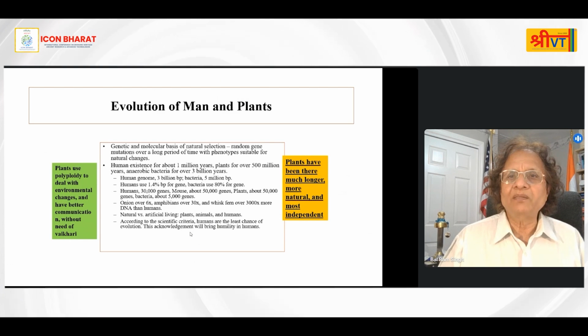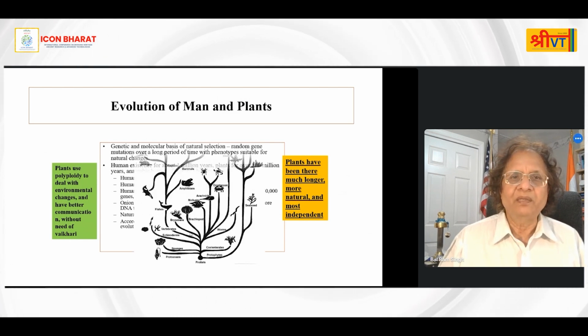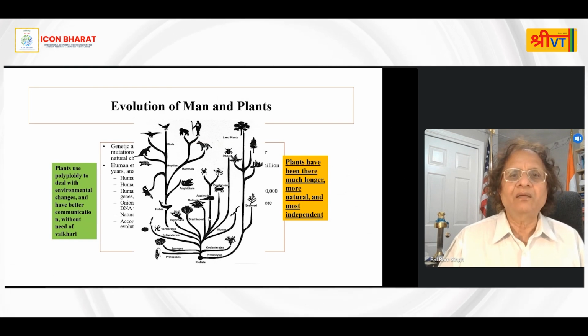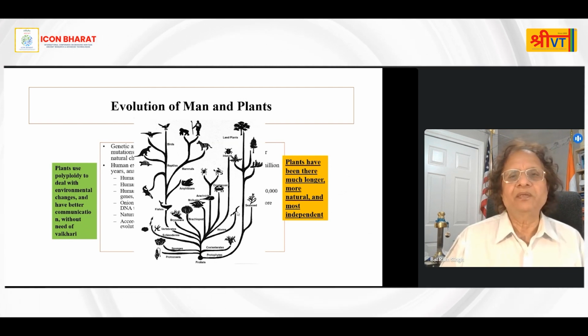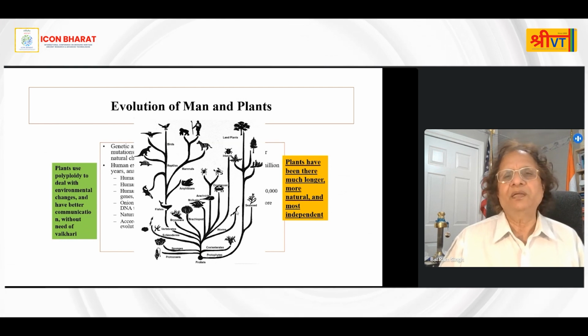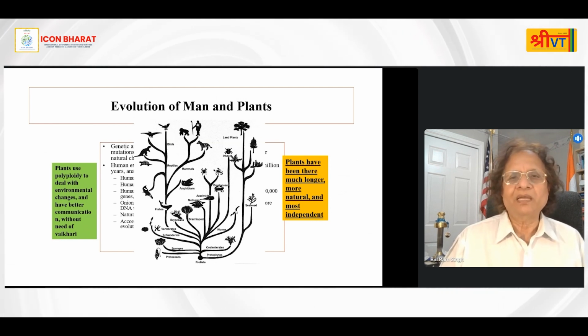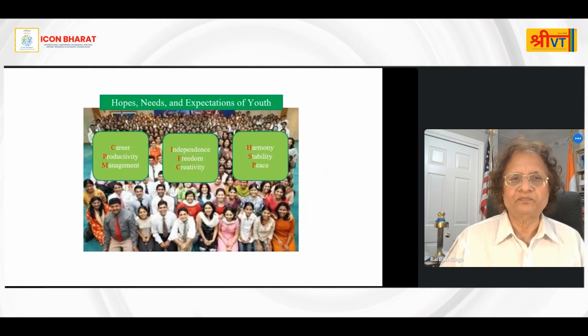Also, plants have been there much longer, more natural and most independent. So plants are a very good source of knowledge as well as technology. And this is what at least the Indian Ayurveda community and herbal medicine community has used. And Dr. Sastry has also utilized that from his Sanskrit knowledge.